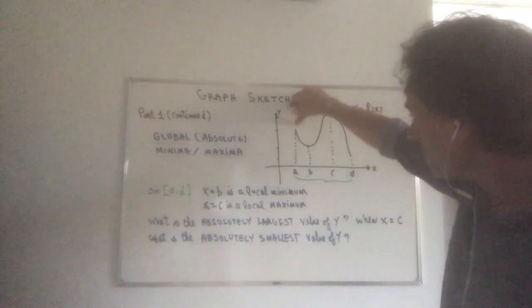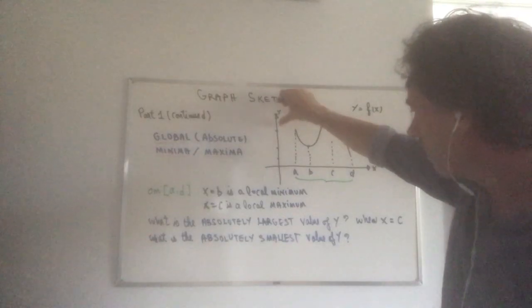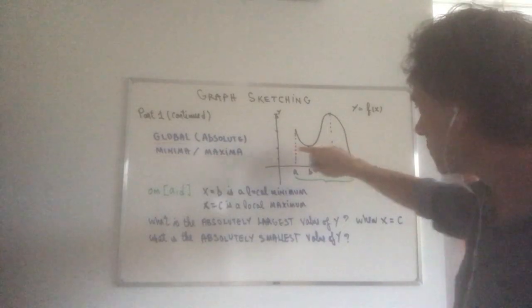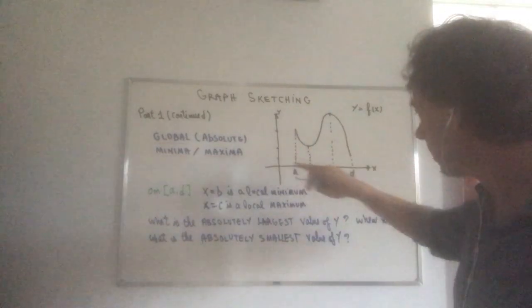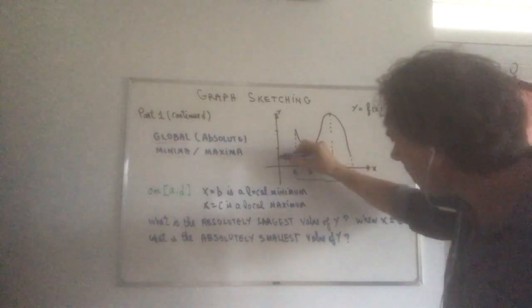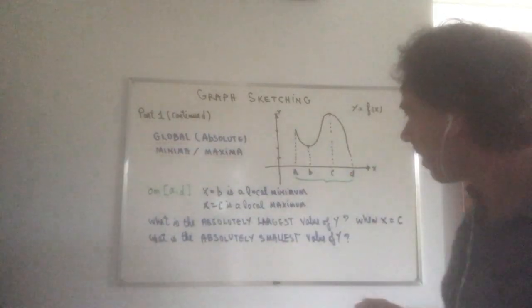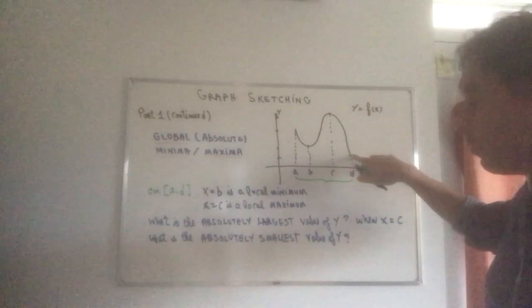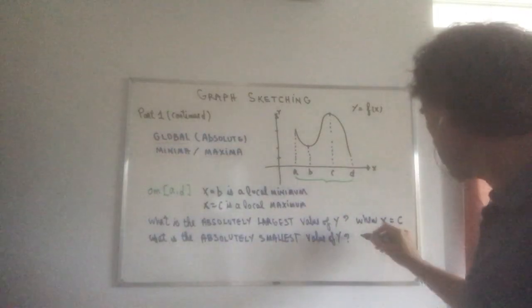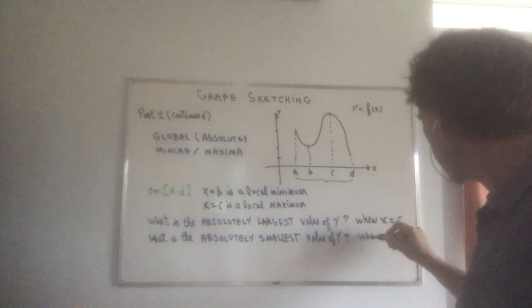Well, is the smallest value of y happening at A? This is the value of y happening at A. It is not the smallest. It is not here. It is certainly not here. It seems to be at the point D, right? The point D has this as its y value, and there is no lower y value in the interval. So this happens when x is equal to D.